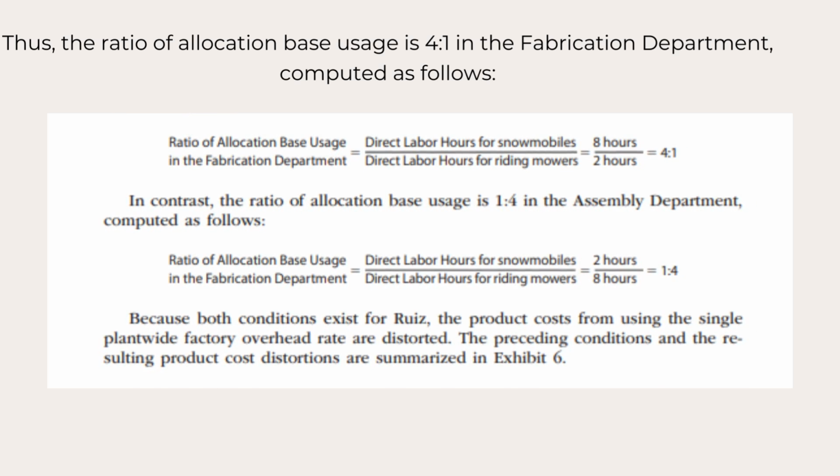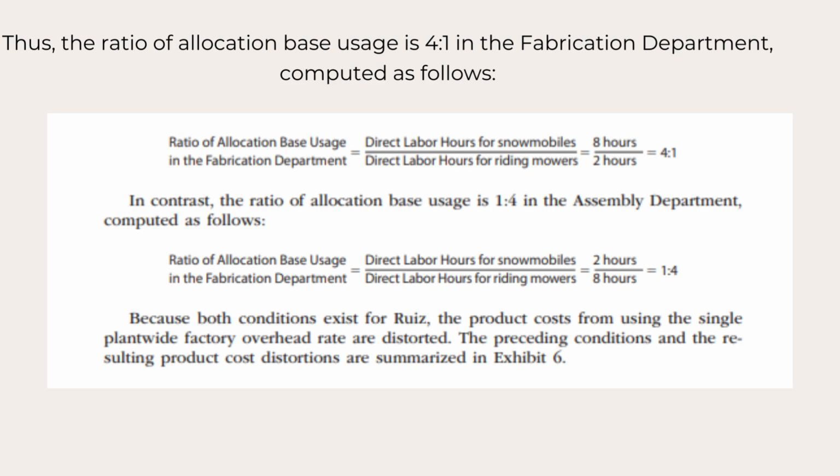On the other hand, we also have the multiple production department method, calculated on the previous slide, which is $938 under snowmobile and $662 factory overhead costs under riding mower. To get the difference, we deducted the multiple production department method of $938 from the single plant-wide method of $800.